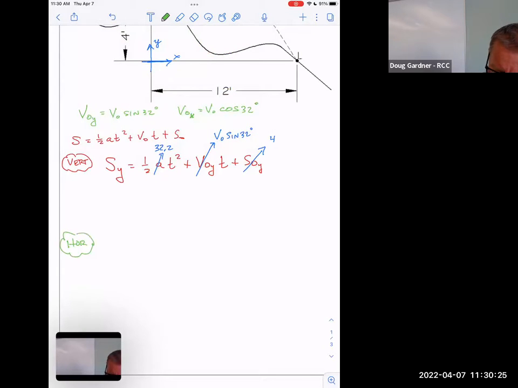What would this equation look like if I did it horizontally though? What about your position in the X direction? Well, notice it's the exact same formula, except now we're talking about only what's happening in X. What do I know about this?